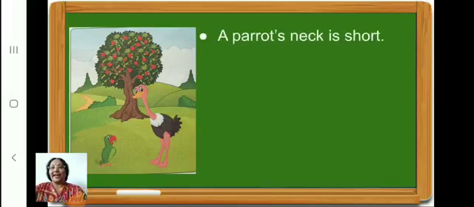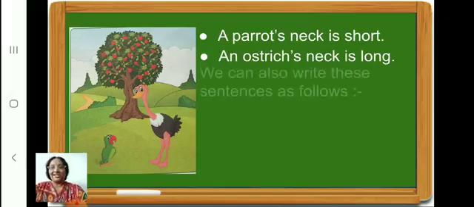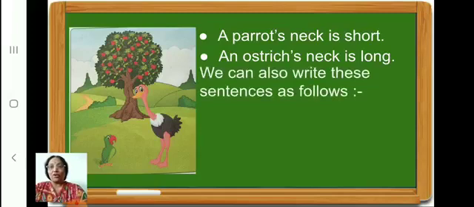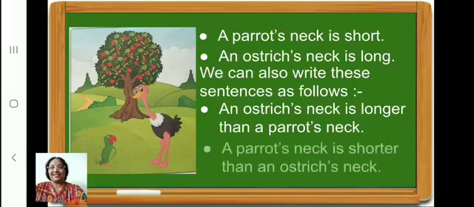A parrot's neck is short. An ostrich's neck is long. Children, we can also write these sentences as follows. An ostrich's neck is longer than a parrot's neck. A parrot's neck is shorter than an ostrich's neck.